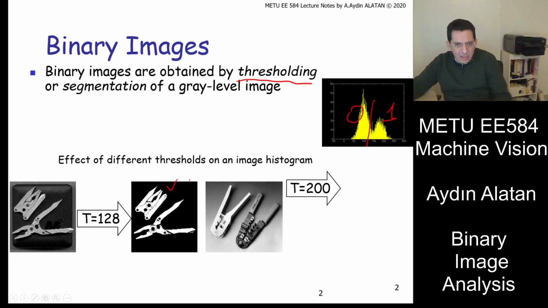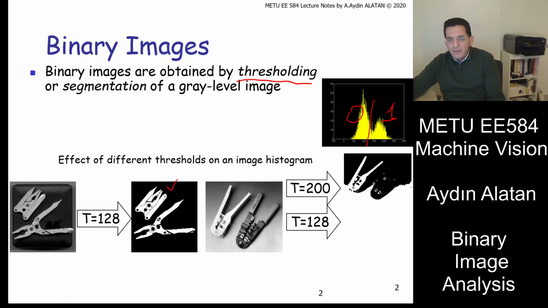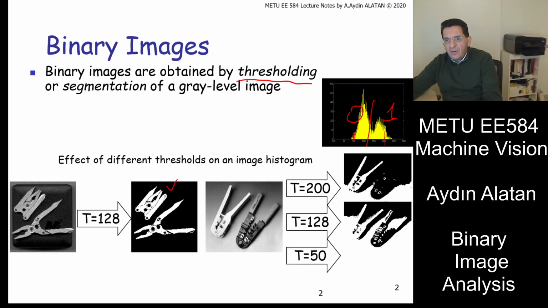But for some images where, for example, illumination is not very homogeneous, putting global thresholds will not do very well. If you put the threshold like 200 somewhere here, or 128 somewhere here, or about 50 somewhere here, none of them will give you good results.